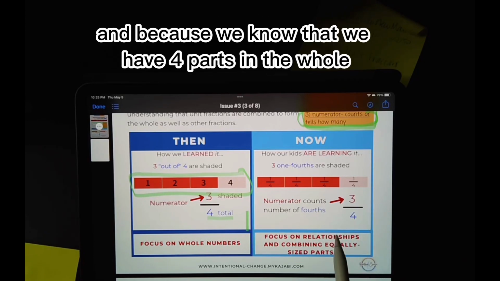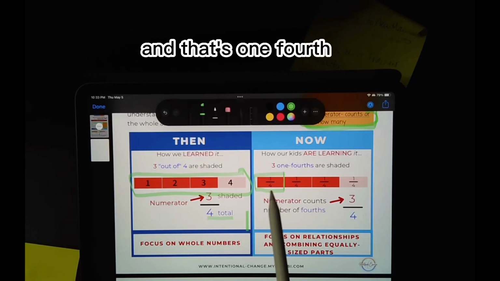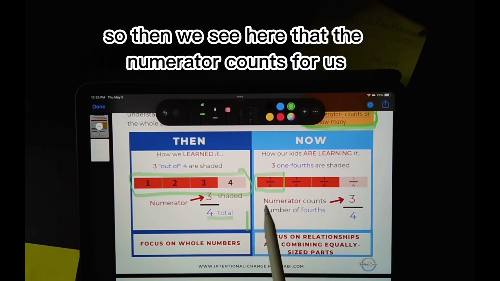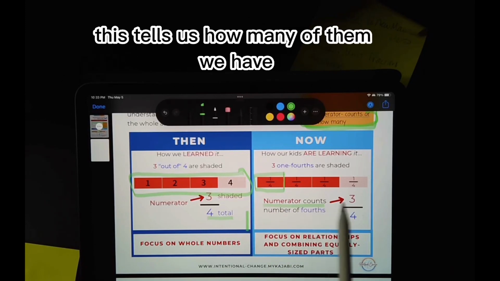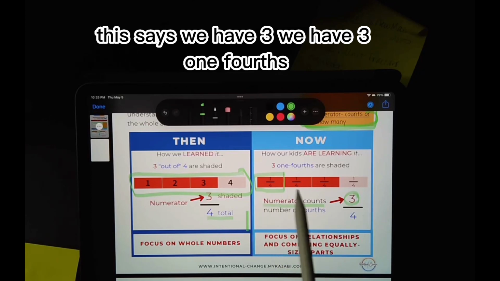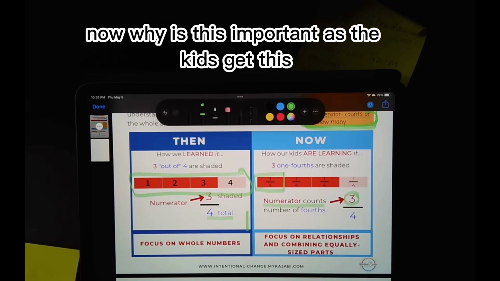Because we know that we have 4 parts in the whole, we know that one of them is our unit fraction, and that's 1/4. So the numerator counts for us. It tells us how many of them we have. This says we have 3. We have 3 1/4.